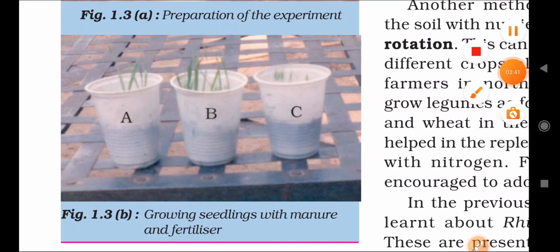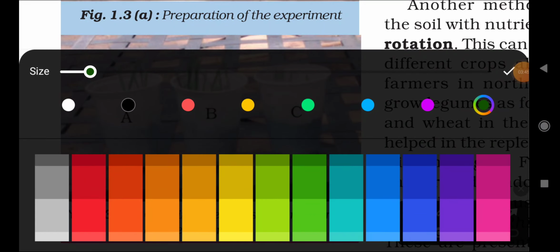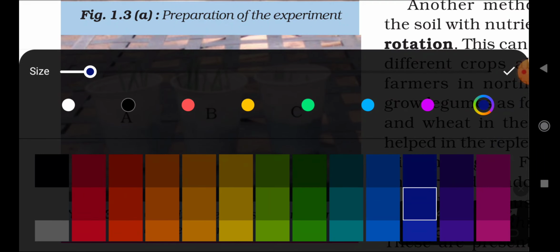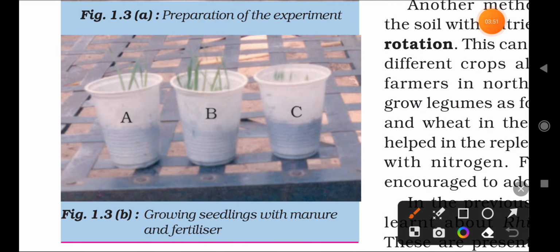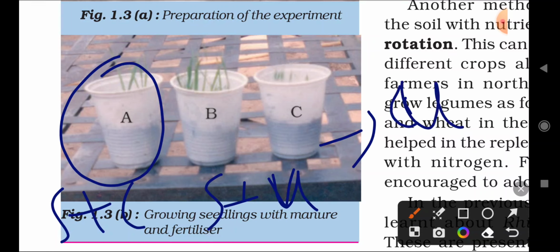This is a simple activity. A contains soil plus cow dung, and B contains soil plus urea. C does not contain any urea or cow dung, only soil plus water.